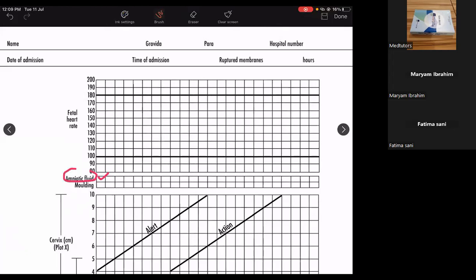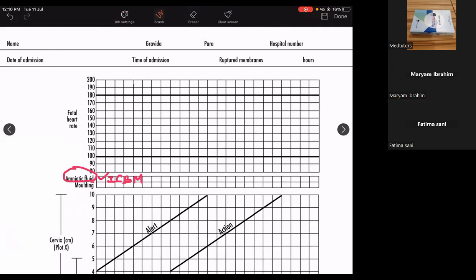So if it is intact, you just write an I. If it has ruptured and the color of the liquor is clear, you write C. If it is blood stained, you write B. If it is meconium stained, you write M. And at each vaginal examination, you assess and denote your finding.